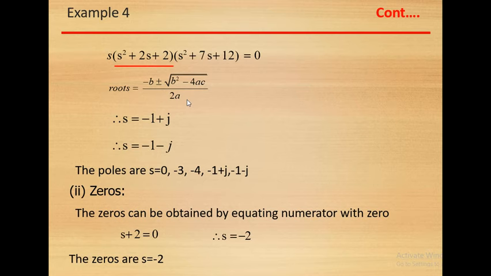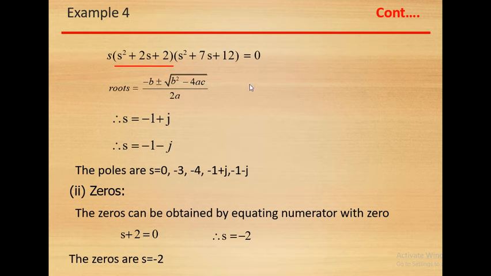But what do you mean by this a, b, c? You must know about this. Here there are two roots. For the first root, out of plus and minus, take only plus: minus b plus under root b square minus 4ac divided by 2a.